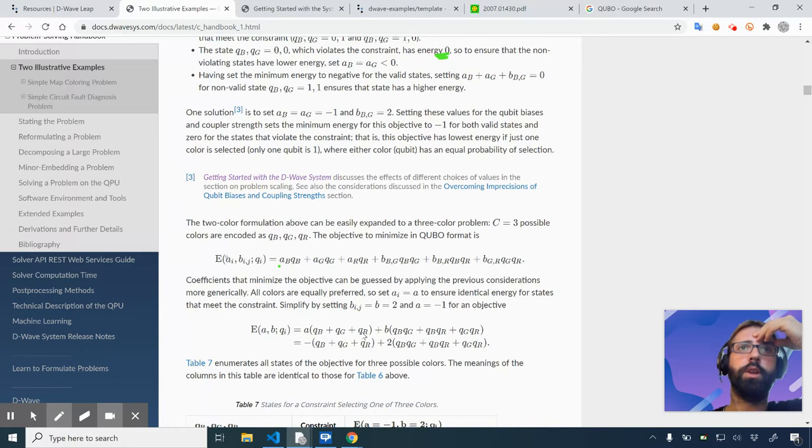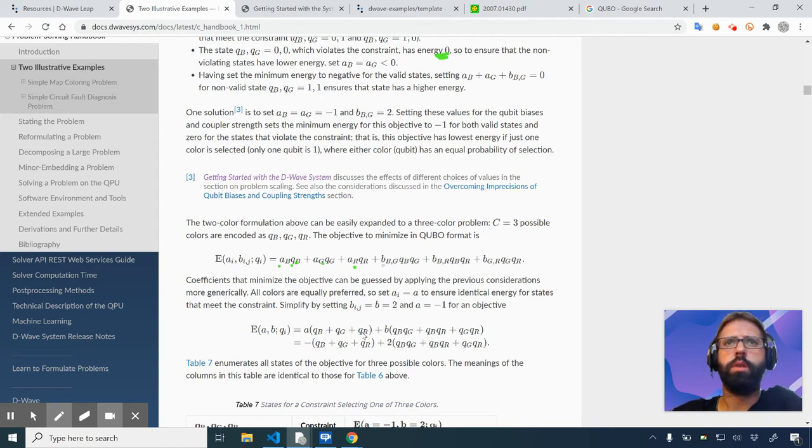So the two-color formulation above can be easily expanded to a 3-color problem. So it's either blue, green, or red. And then here you have the possible combinations. Okay, so you have either blue next to green, or blue next to red, or green next to red. So the 3 possible combinations that do not repeat the colors.